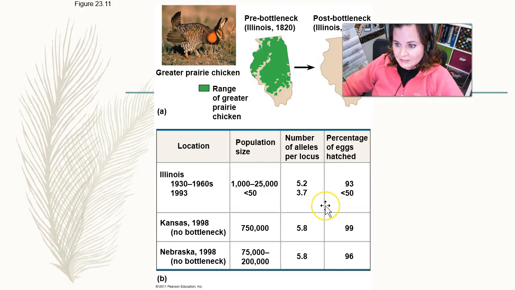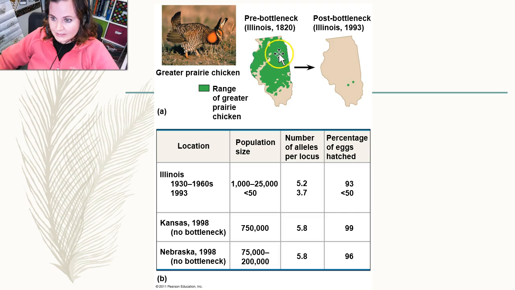So what they ended up having to do, you can see here: this is pre-bottleneck event in 1820. Then after all that habitat destruction, you have just a little bit of prairie chickens left. Unfortunately, those prairie chickens had the allele for bad eggs, if you will, and so you see a very small number of them hatching.